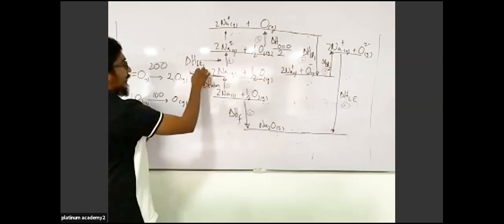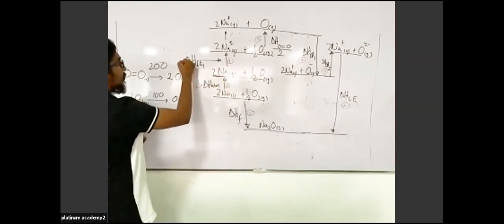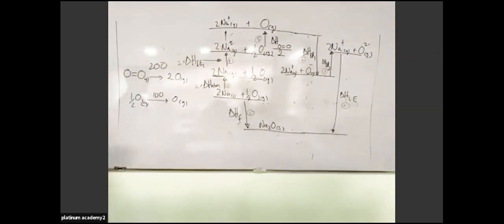And 2, because we are making 2 atoms. Ionization should be multiplied by 2 because you are making 2 ions. The number of moles is important. When you make 2 atoms, you multiply atomization by 2.